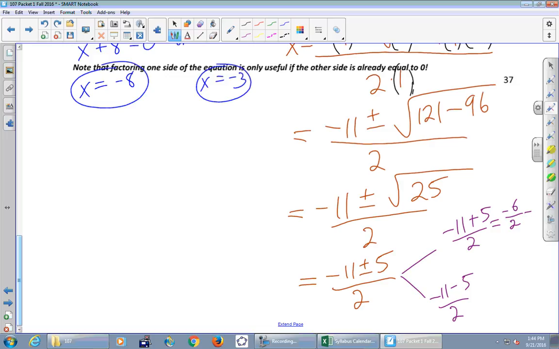Divided by 2 is negative 3. And then negative 11 minus 5 is negative 16. Divided by 2 is negative 8. Those are our two answers, which of course agree with the two answers we got before.